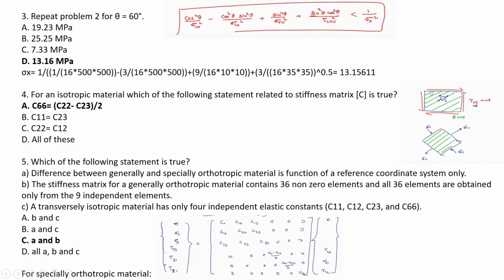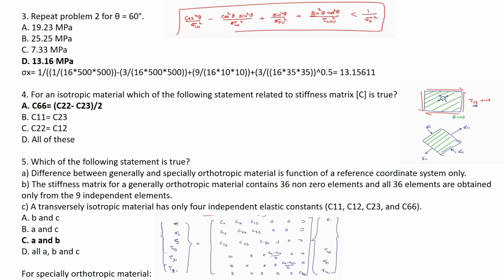Now the reference plane is changed from this to this. We can see this lamina has transformed from a generally orthotropic material to a specially orthotropic material, and therefore the difference only comes from the reference coordinate system. The rest of the properties can more or less be transformed when doing calculations.